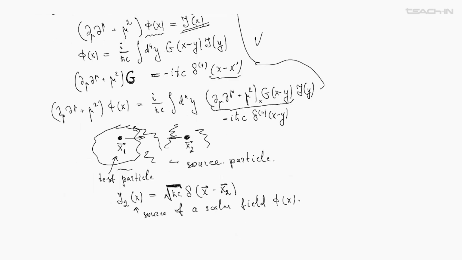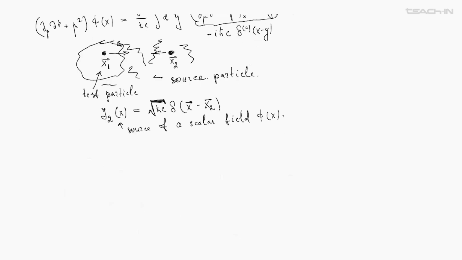And so the first particle, on the other hand, will be represented in a similar manner. We will associate to it a function J1 of x with the same properties. So it will be the square root of h bar c times the delta function x minus x1. So this is the test, and this is the source.